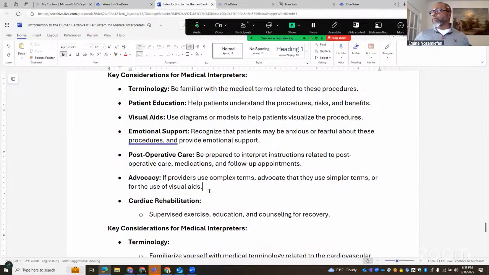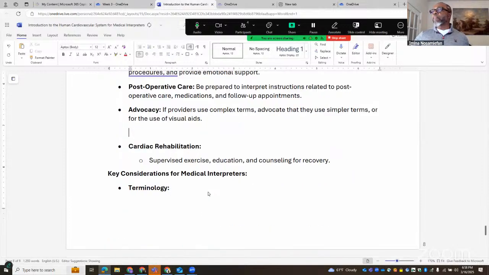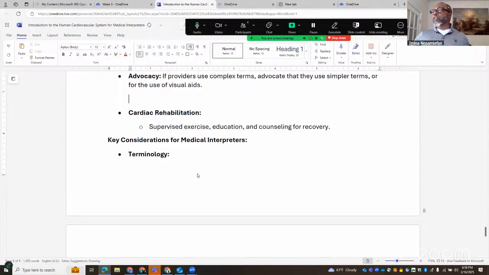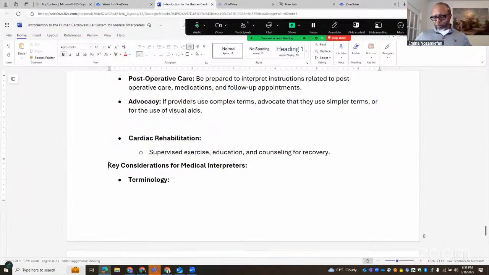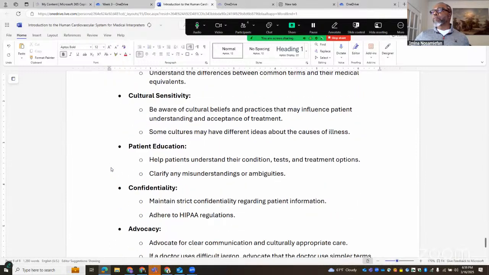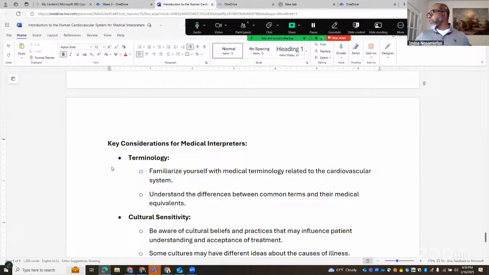So the key considerations for medical interpreters, things that are important, you need to take note of. Okay, that's it for the cardiovascular system. Let's take 5 minutes and come back and look at the respiratory system.